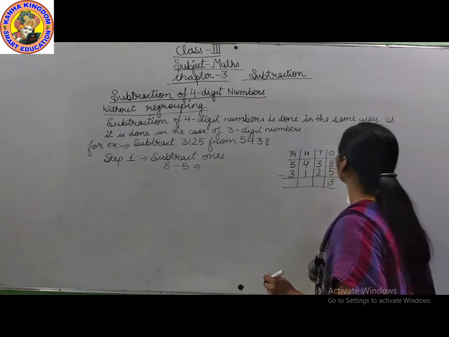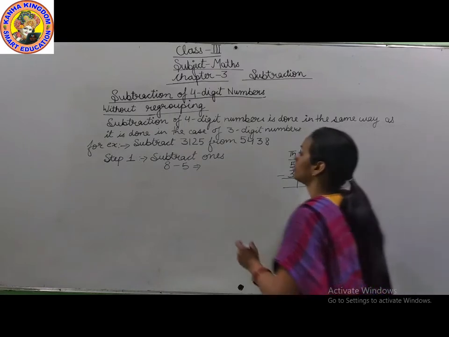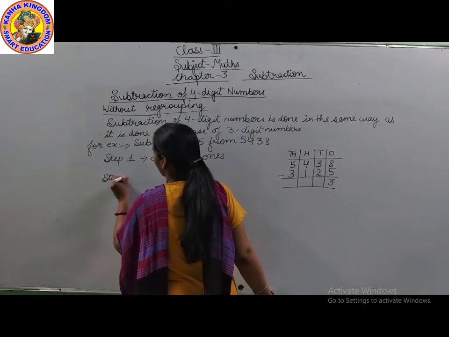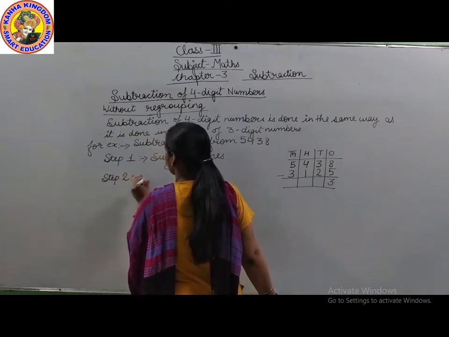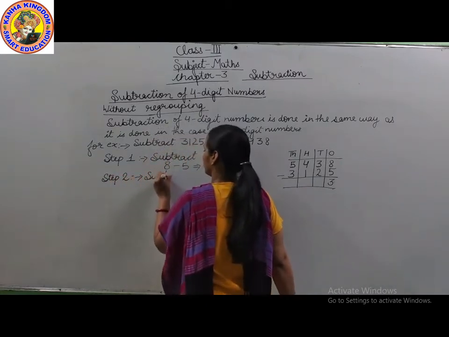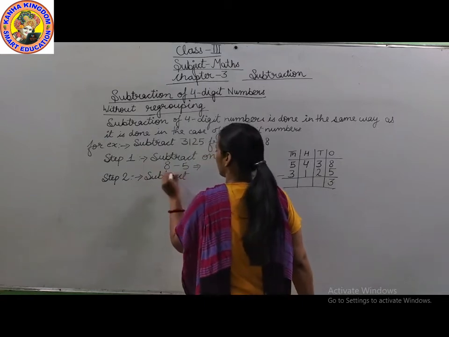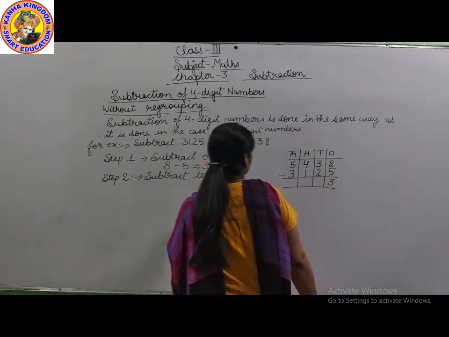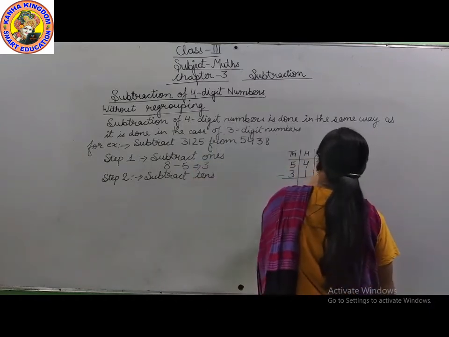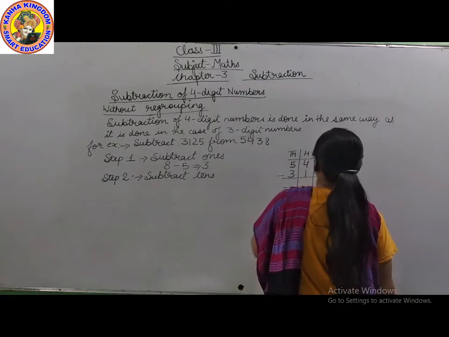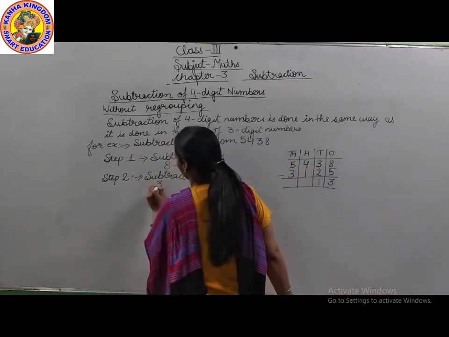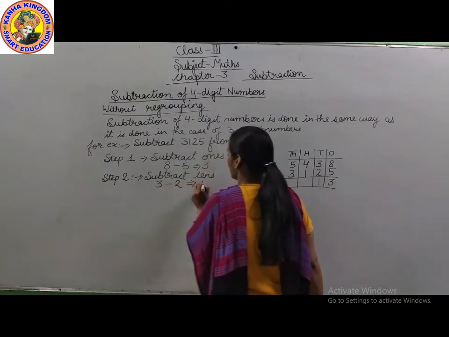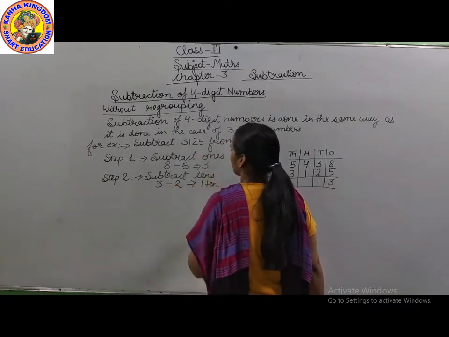Now next step, step 2, subtract tens. Subtract tens means 3 minus 2, 1. 3 tens minus 2 tens equals 1 ten. Okay?